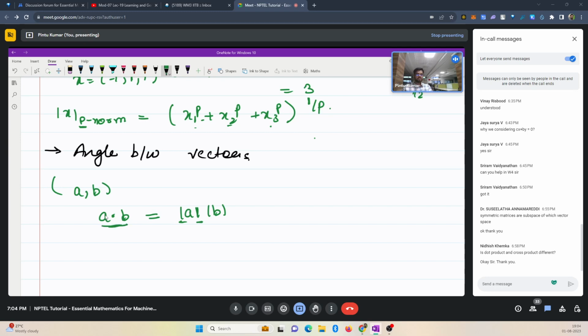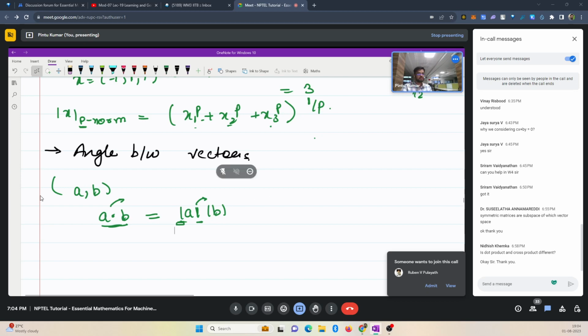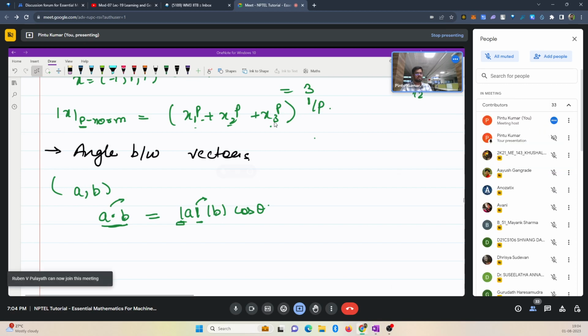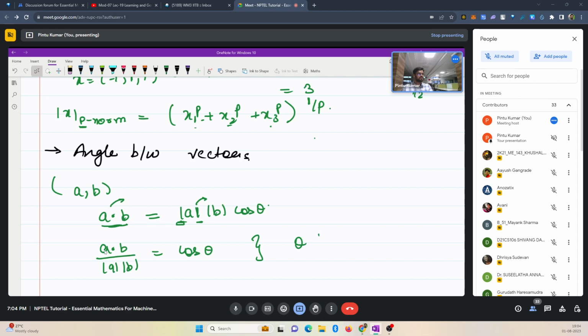If you want to use the dot product, the length associated with it is always the Euclidean length. So you can't use the p norm or the 1 norm here; you must stick to the Euclidean norm only. If you send norm of a into norm of b to the left side, we obtain a dot b divided by mod a into mod b is your cos theta, and from here you can obtain the value of theta.